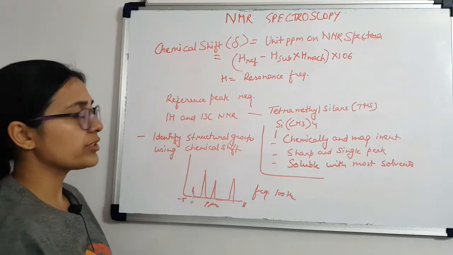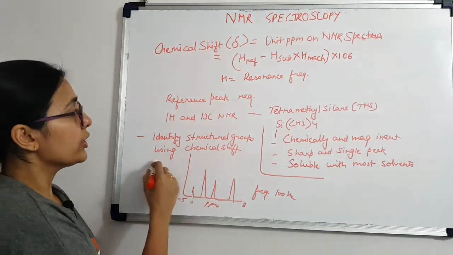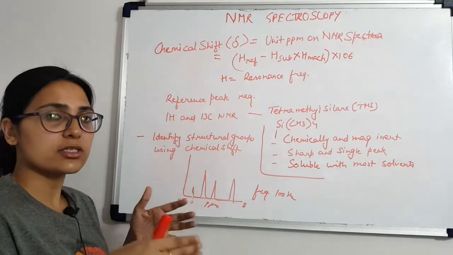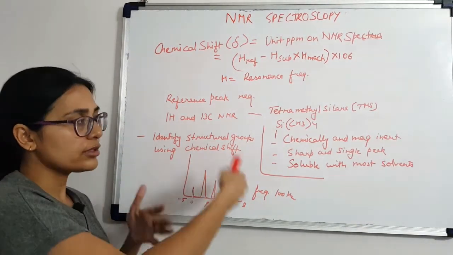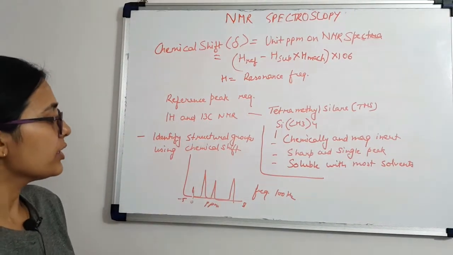Now chemical shift can be used to identify the different structural groups present in a compound using different ranges of reference for the different groups which can be present in a compound.